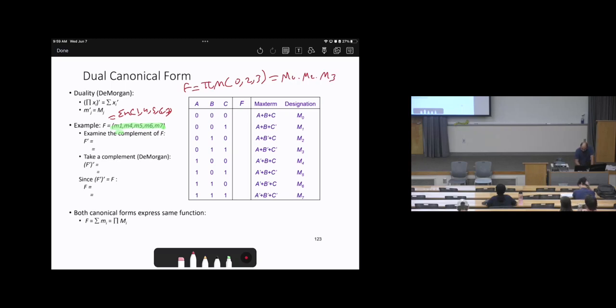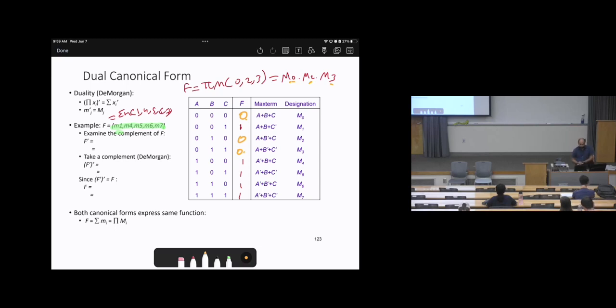So minterms give you the location of ones: at 1 it will be 1, at 4 it will be 1, at 5 it will be 1, 6 will be 1, 7 will be 1. However, the maxterms give you the location of zeros: at 0 it will be 0, at 2 it will be 0, at 3 it will be 0.